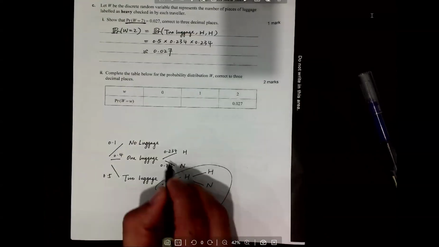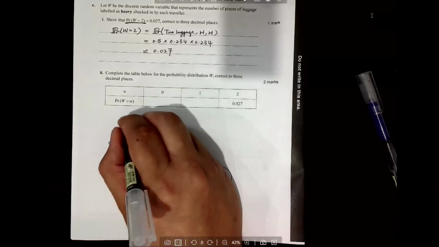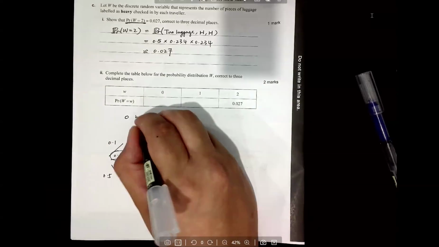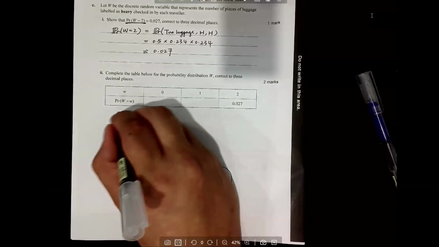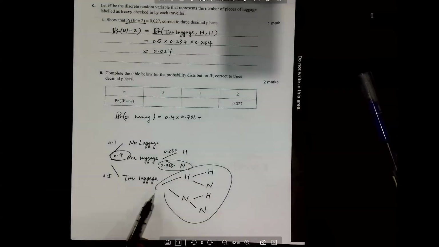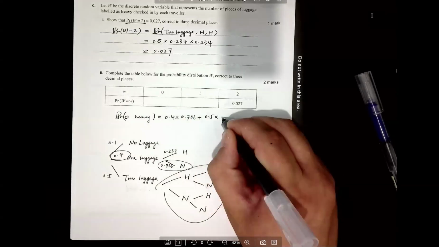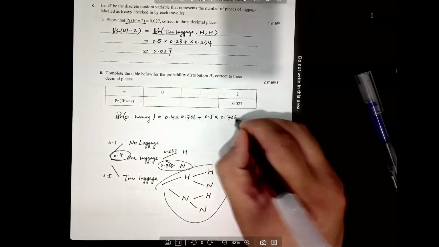For zero heavy luggage, you could have this bit. Probability of 0 heavy equals 0.4 times 0.766 plus, let's say, not heavy, okay? And you could get, let's say, plus 0.5 times 0.766 squared, okay?